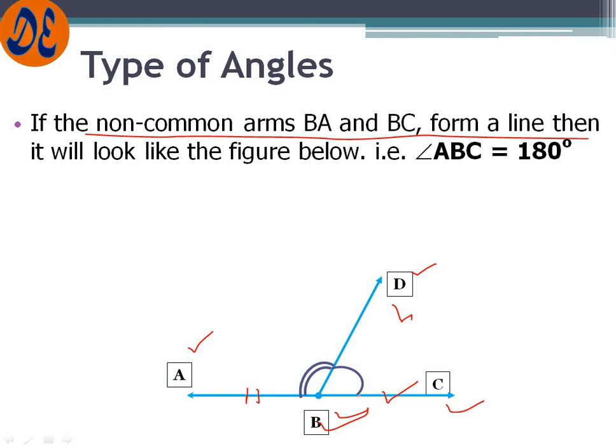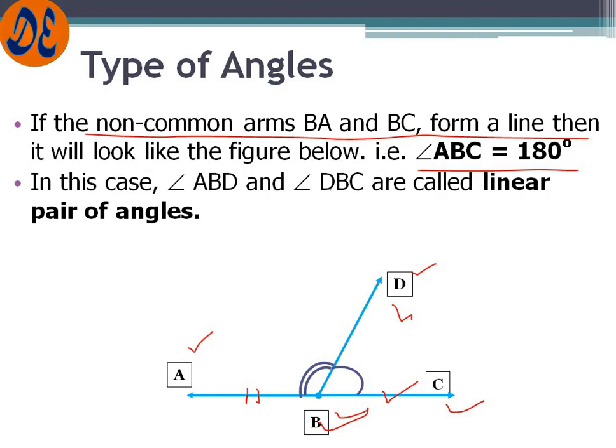So if two non-common arms are making a total angle of 180 degree, they are forming an angle of 180 degree, or we can say a straight line, then in this case both the angles, that means the angle formed here and this angle, are together called a linear pair of angles. Linear pair. Remember, linear pair. So the sum of the two angles here is 180 degree.